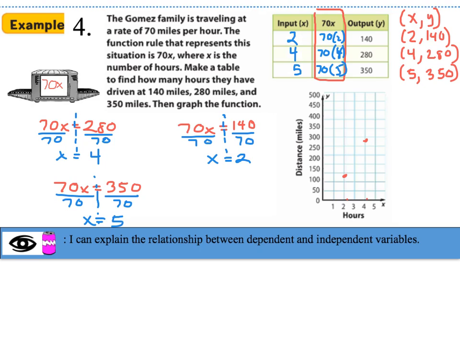And then the last one would be (5, 350). So I'm going to go over on the x-axis, and I'm going to go up on the y-axis up to 350, which is about here. So you can see the relationship. The more hours the family drives, the longer the distance the family goes.